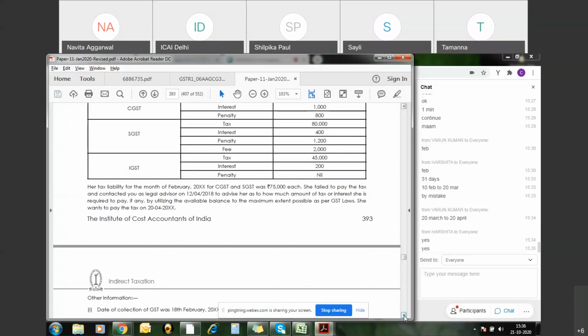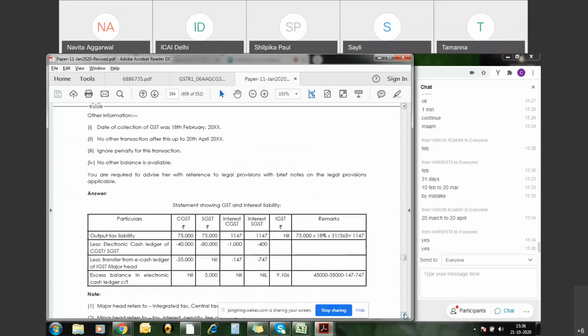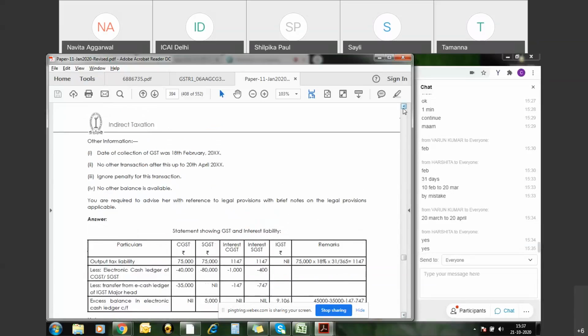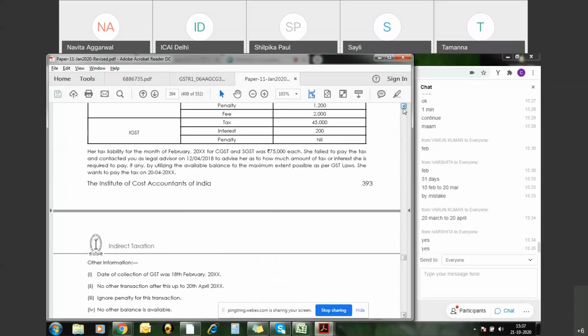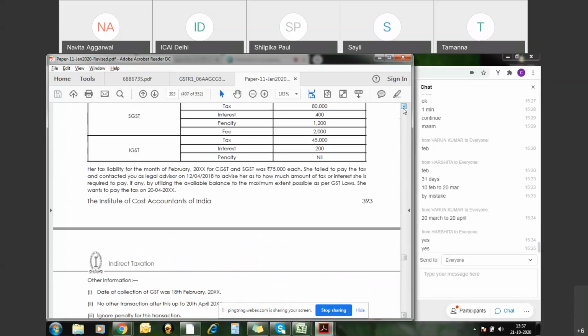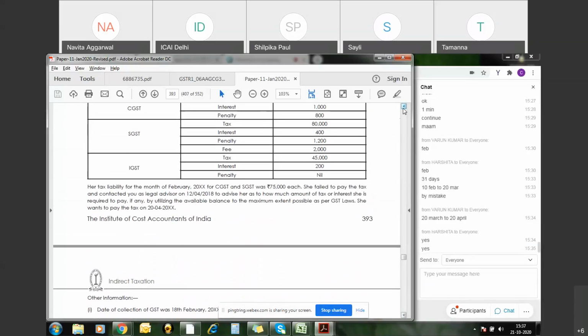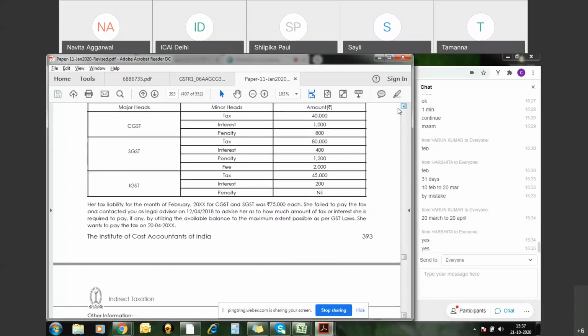Then 747, from where they got 147, so that it is understood. 1000 utilized, interest 400 utilized, there is a penalty fee.